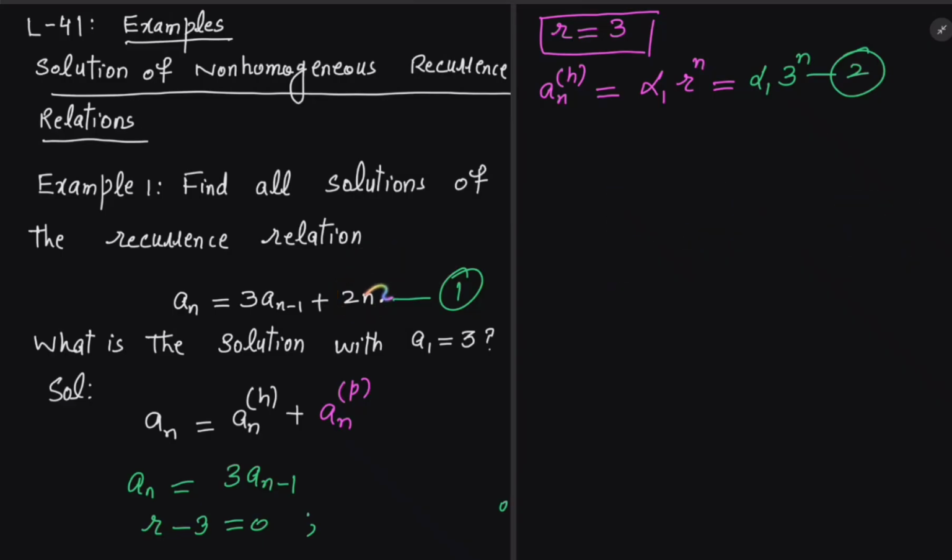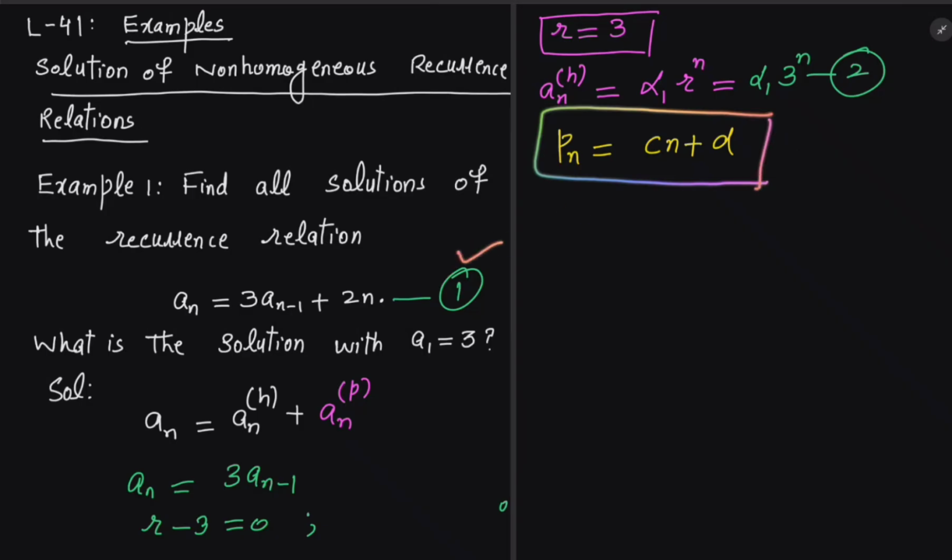So here, if we have 2n, it means that we have a particular solution of the form Cn plus d. And we already know that this particular solution will satisfy equation 1, which is the non-homogeneous recurrence relation.